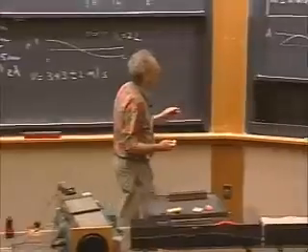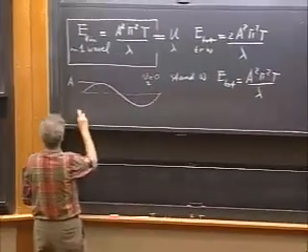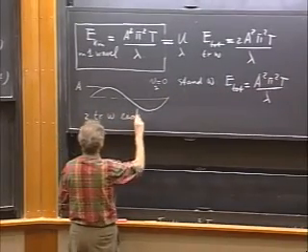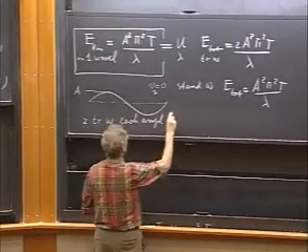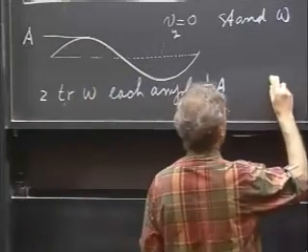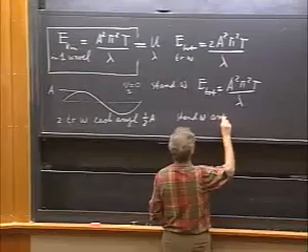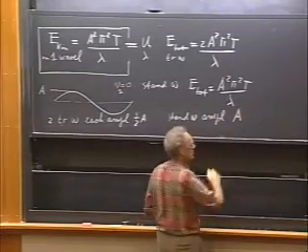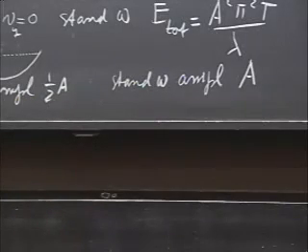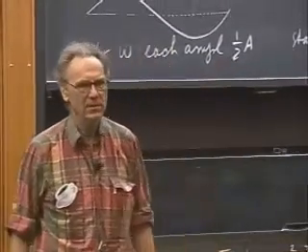So therefore, I make the following statement now, which is testable, that two traveling waves, each with amplitude 1/2 A, I'm going to compare them with a standing wave with amplitude A. There must be the same energy in a standing wave with amplitude A as there is in two traveling waves with amplitude 1/2 A.